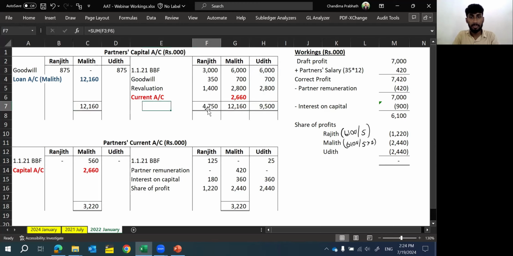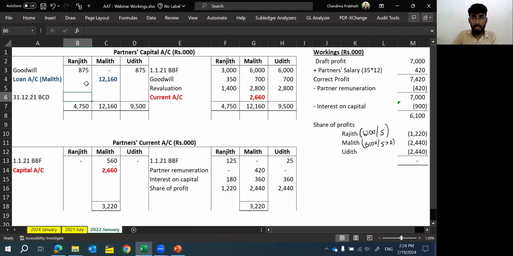So balance carried down at 31st December 2021. Balance carried down, BCD. So 4,750 less 875 is 3,875. Here it is 0. Malit's capital account will not continue. It will be 0.